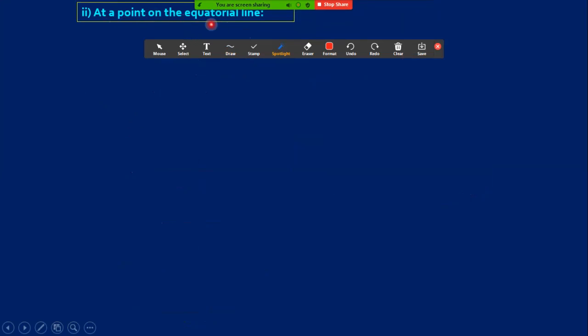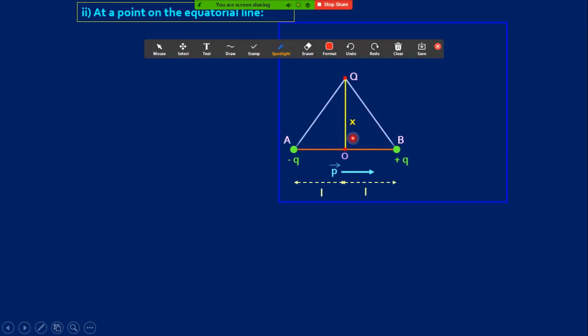Okay, let's see. The point Q on the equatorial line is x distance away from the point O, and it is also the perpendicular distance from point O, and these are the lines joining A and Q and B and Q through an angle theta.